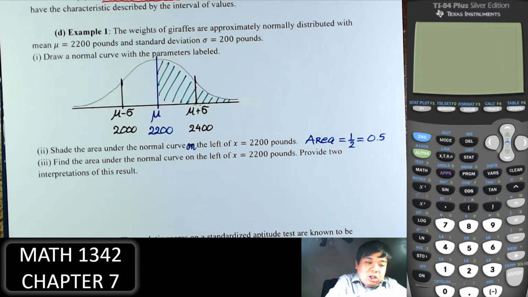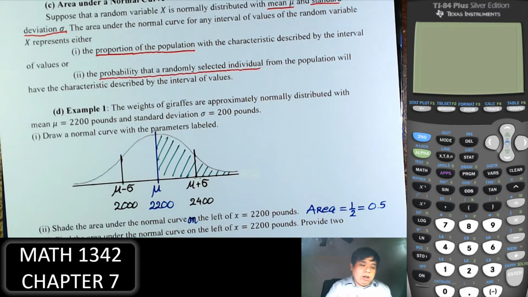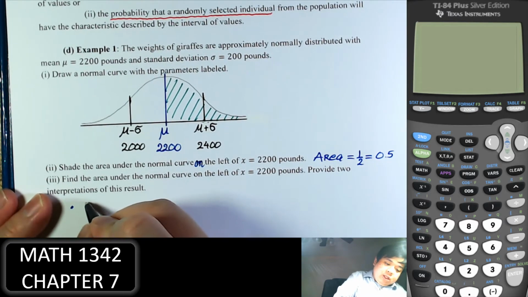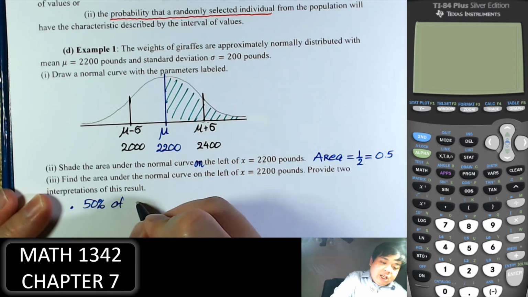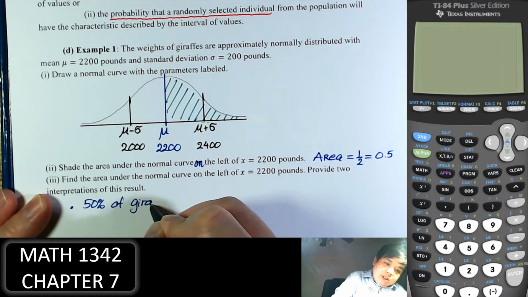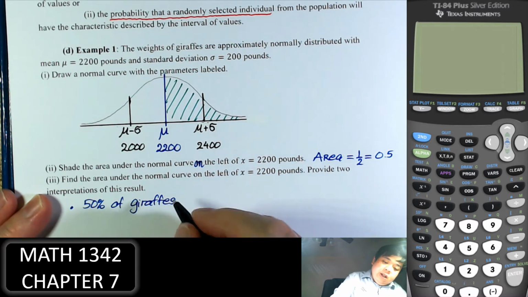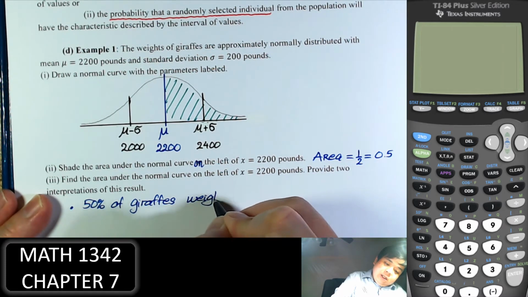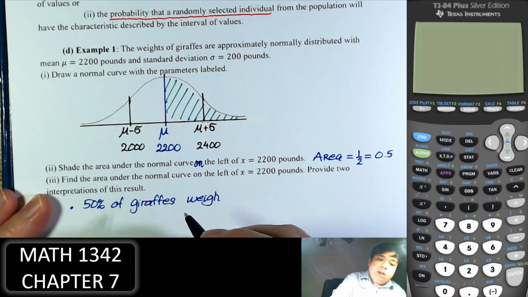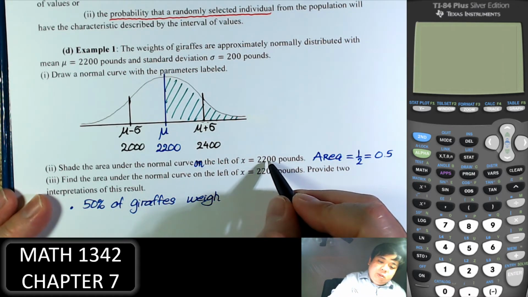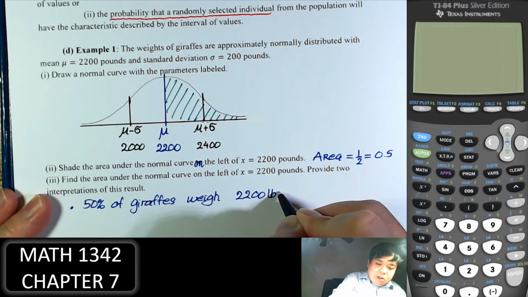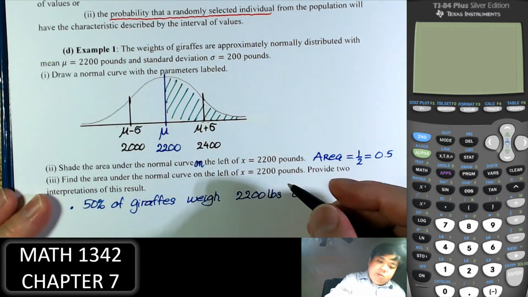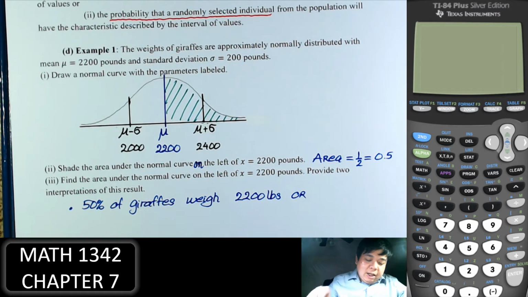Provide 2 interpretations of the result. Number 1, we said 50% of the giraffes, because the population here is the giraffes, weigh 2,200 pounds or more, because that's on the, oh wait, sorry, we say on the left.